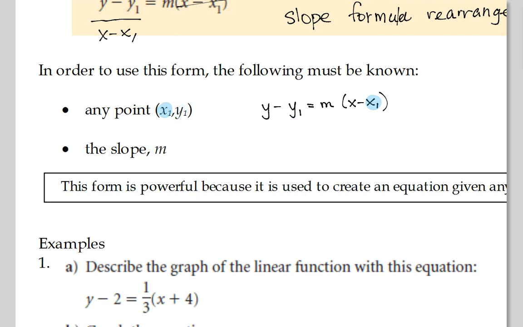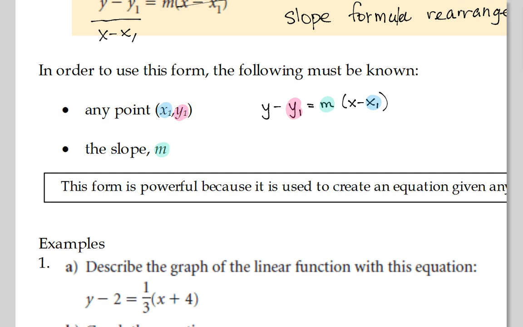Maybe I'll use a different color for the y. So you just do a substitution. The point that you're going to use goes in there where the blue is, and the point for the y goes in there where the pink is. And make sure you leave the minus sign. The minus sign has to be there.